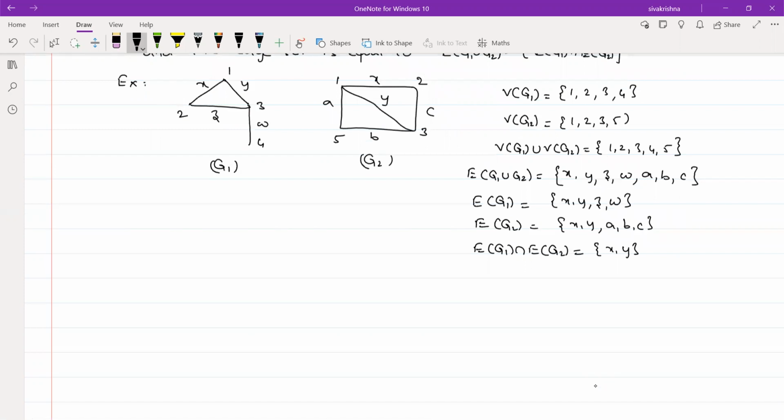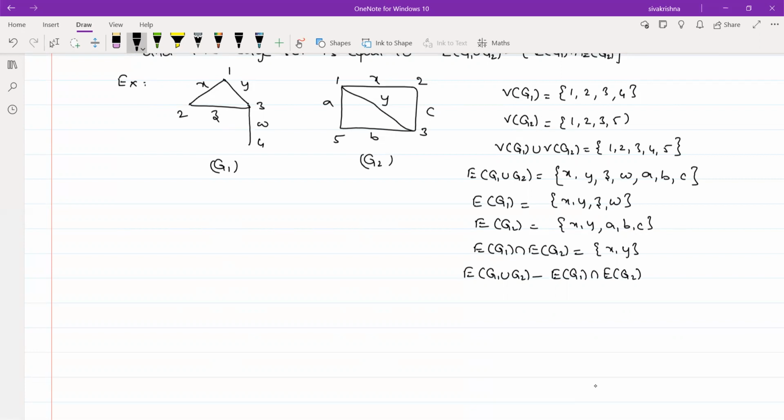Okay. So now we have to find the edges in the ring sum of G1 and G2. The formula to find the edges in that particular graph is E of G1 union G2 minus E of G1 intersection E of G2.